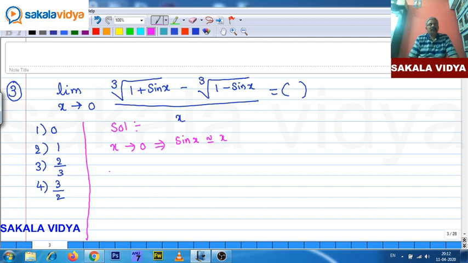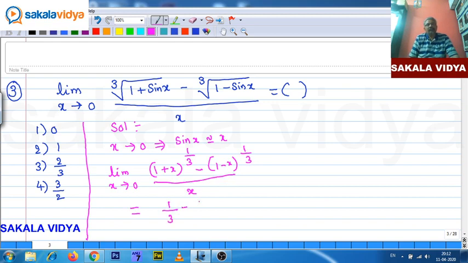Now, this problem can be changed as: limit x approaches 0, (1 plus x) to the power of 1 by 3 minus (1 minus x) to the power of 1 by 3, upon x. So, this equals 1 by 3 minus of minus 1 by 3, that is 1 by 3 plus 1 by 3, whose value equals 2 by 3. So, that means the third option is the right option.